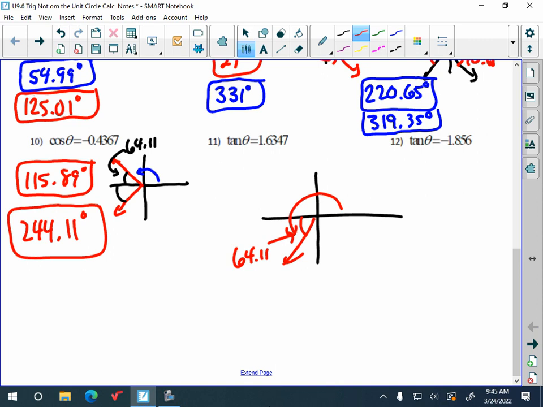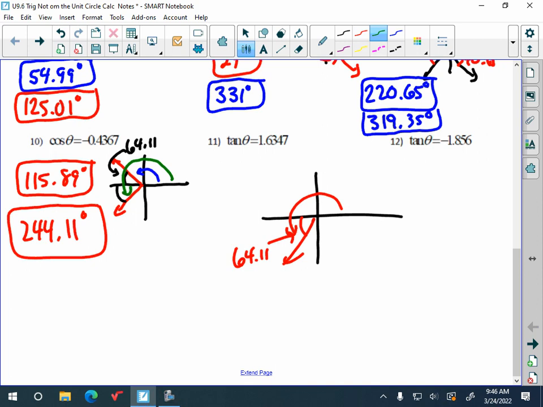Again, all I'm trying to do is get from here all the way to there. 180 plus 64.11. All I did was redraw it right here without this thing on it. That's the first angle, just to here, going from here to here. And now I've got to get all the way back over to here too, to get the second angle.